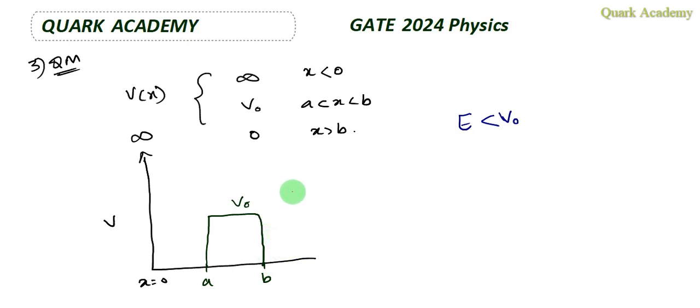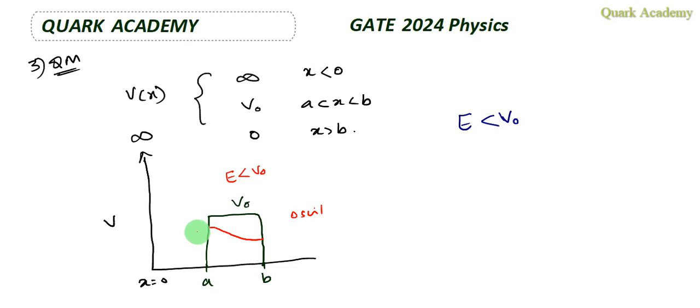So that is one thing which we should know. In this case the energy is less than potential, so it's like a bound case. So in this region the wave function will decay exponentially, something like this.